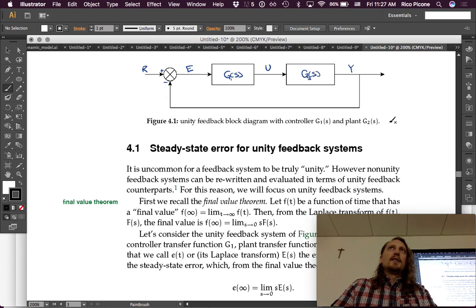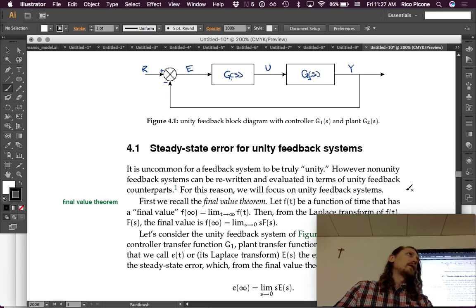The main reason is that non-unity feedback systems can be rewritten and evaluated in terms of unity feedback counterparts. So if you have a system that is not unity feedback, then you can rewrite it as a unity feedback system and then use this analysis. So that's the main reason for doing it.